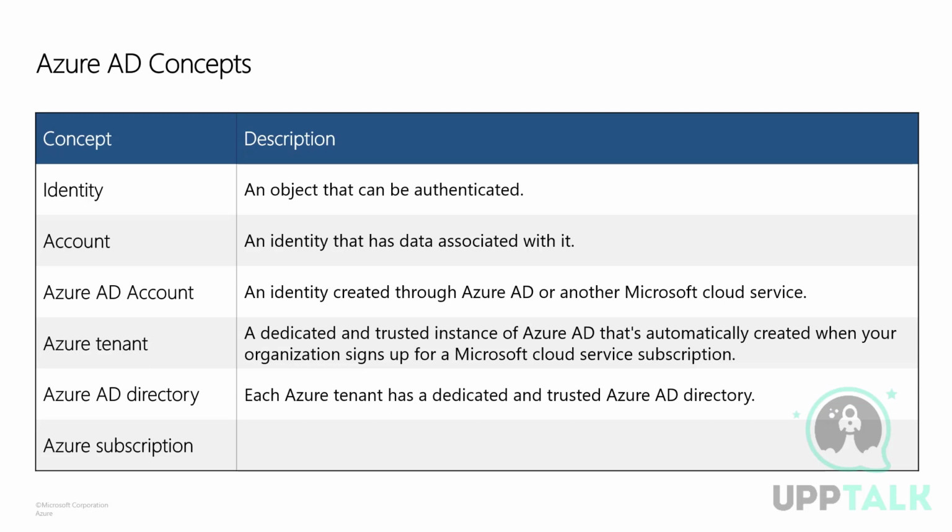Once you create your Azure Active Directory, your tenant will be associated, and this will be a trusted Azure Active Directory. The terms tenant and Azure AD directory are used interchangeably. The moment you create a new directory, you'll have a new tenant as well.